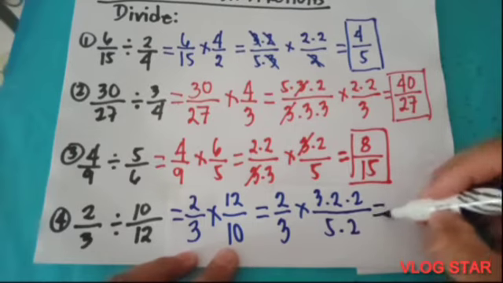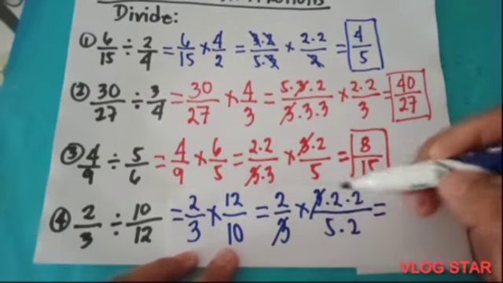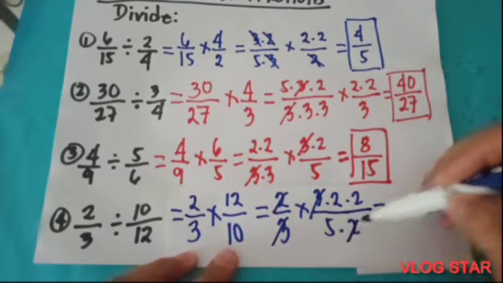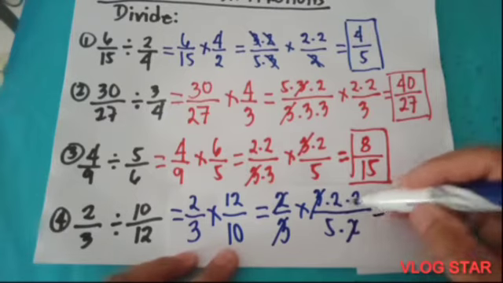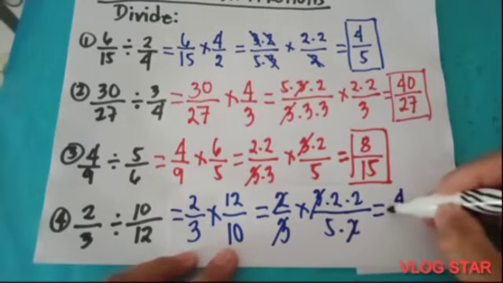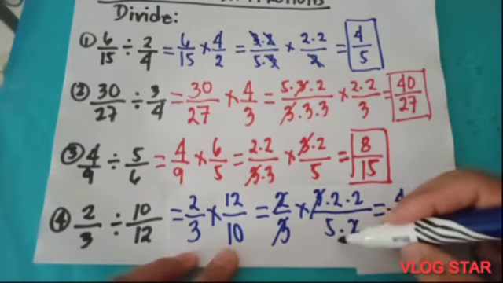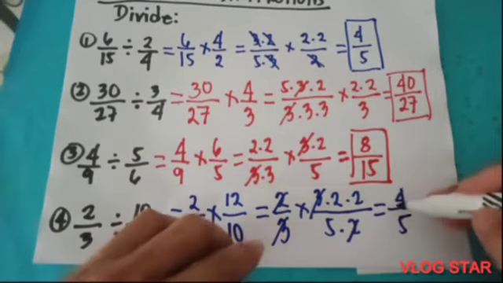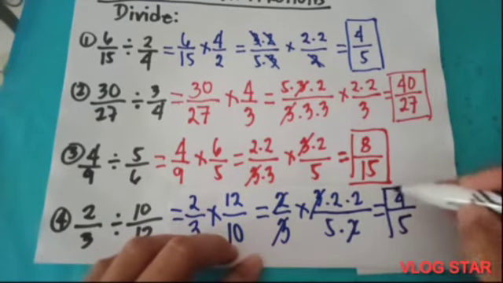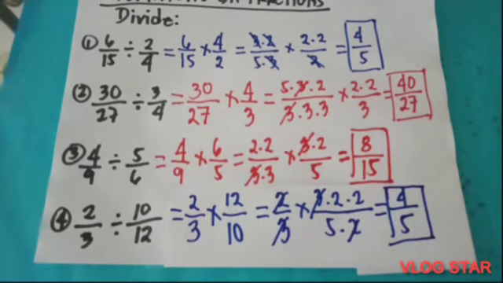Tingnan natin kung meron tayong makaka-cancel. Si 3 and 3, si 2 and 2. Ang magiging sagot is 2 times 2, 4. Ang natira sa denominator is 5. So, ang tamang sagot is 4/5. Ganyan lang kabilis magsagot sa divide.